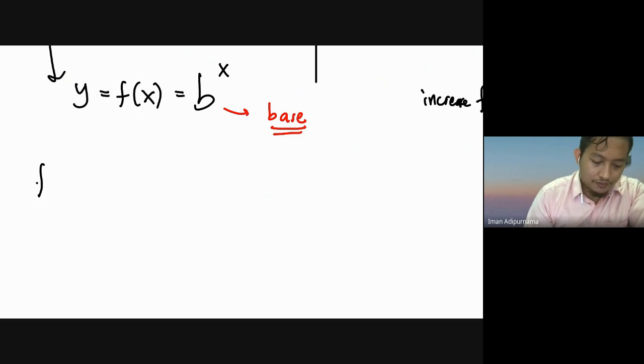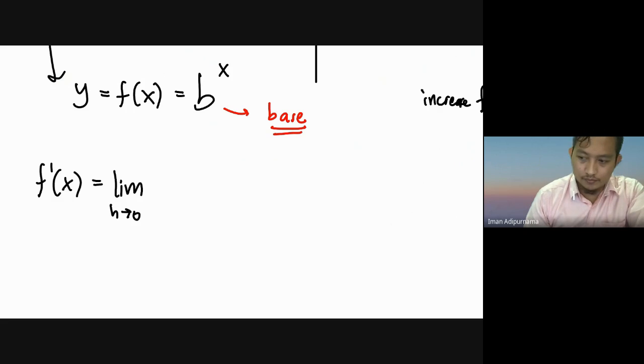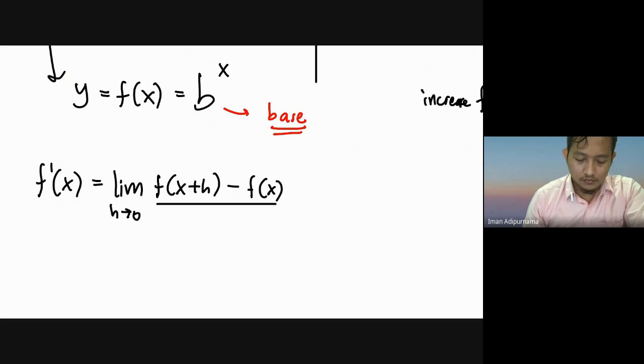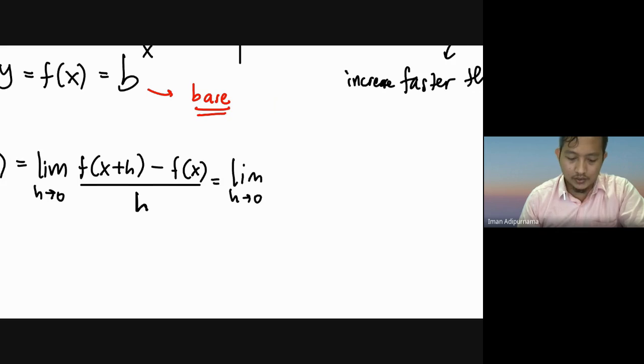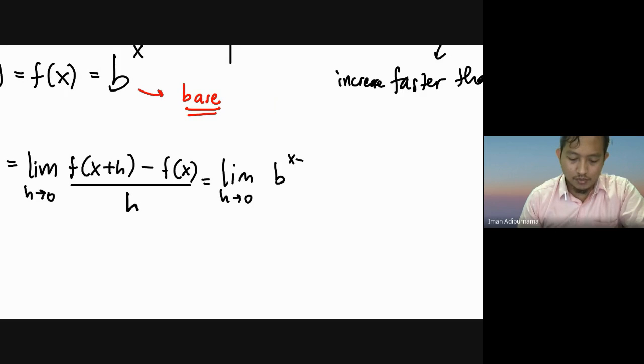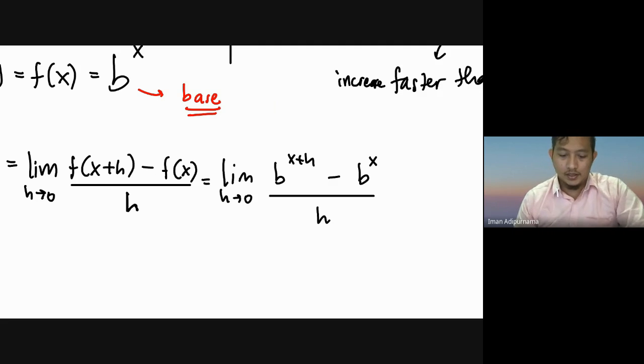Remember we have our definition, and then we can replace all the f with b to the power of x. So this will be b to the power of x plus h, minus b to the power of x.